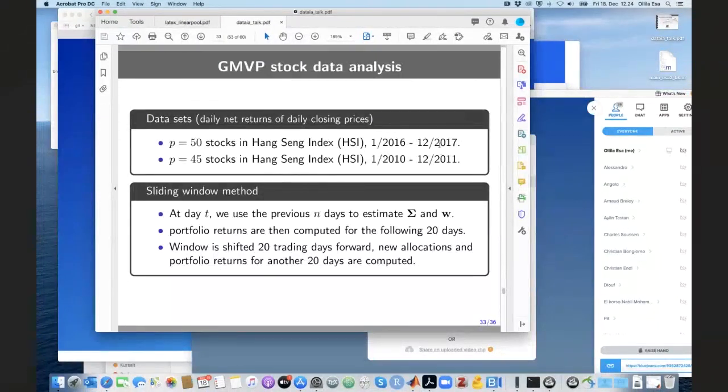We use the sliding window method, which is commonly used in backtesting problems in portfolio studies. We use the previous n days to estimate the covariance matrix and the weights for the portfolio. Then we compute portfolio returns for the following 20 days, update the allocations, and repeat this sliding window until we reach the end of the data.